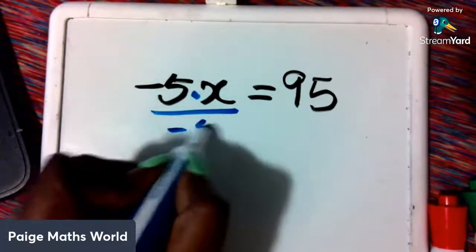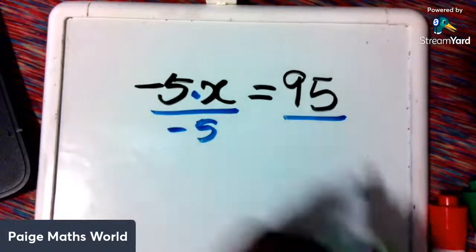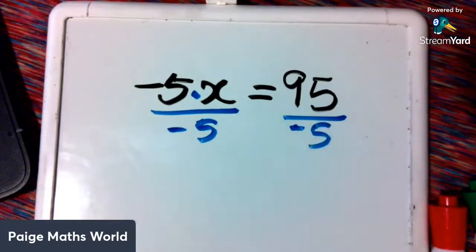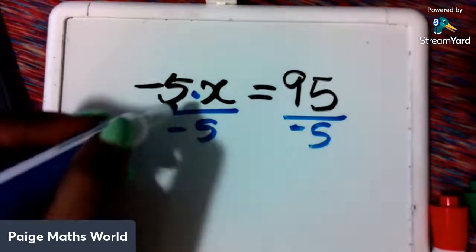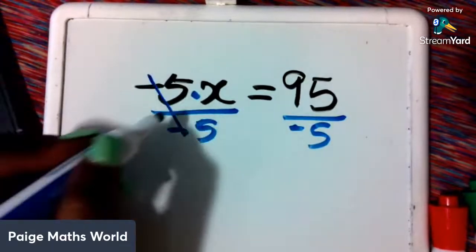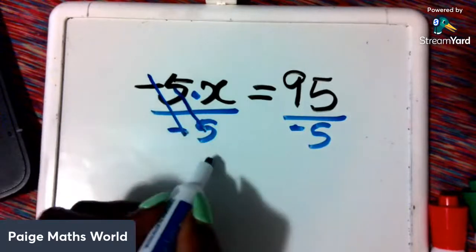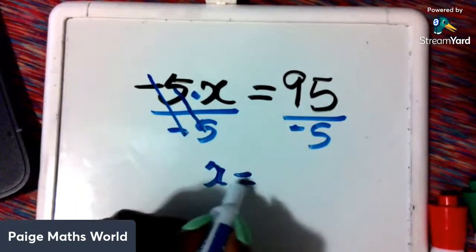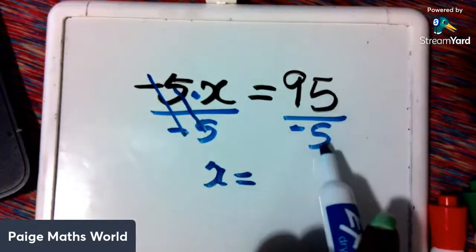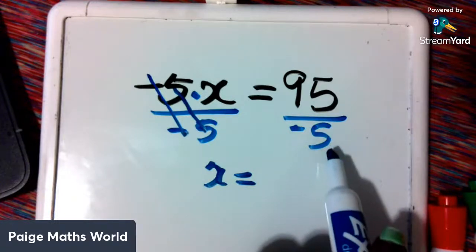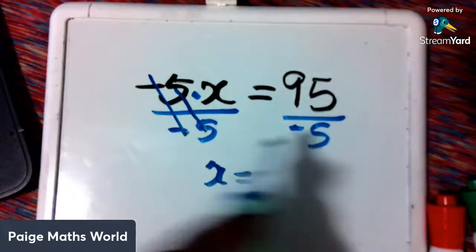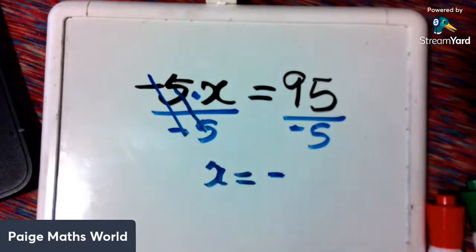And so we're going to be dividing both sides by negative 5. So it's going to be negatives canceling each other, 5s canceling each other. And so x is equal to 95 divided by negative 5. So positive divided by a negative, your answer will be a negative.